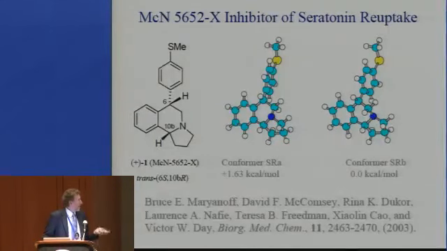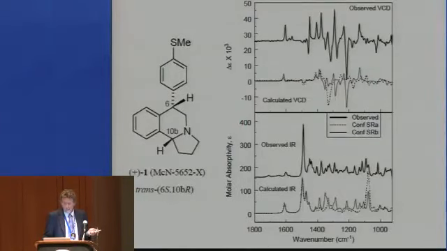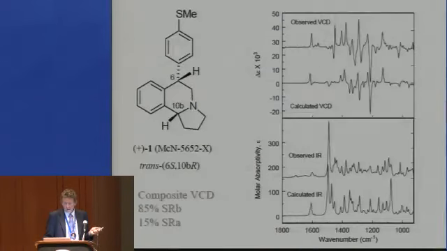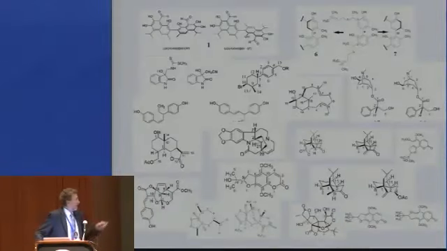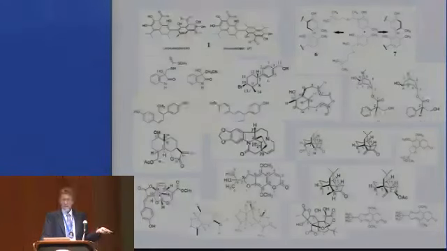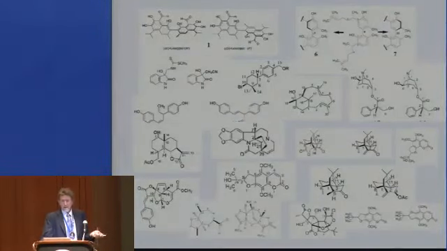Okay, now my little light has gone on, so I'm going to speed up a little bit. This is absolute configuration paper, just showing that you can do this for molecules with more than one conformer, that you have to add the contributions up. And I wrote a review article. These are a variety of molecules. I can't show you all the pharmaceutical molecules because they are confidential, and so there are just a few that are published.